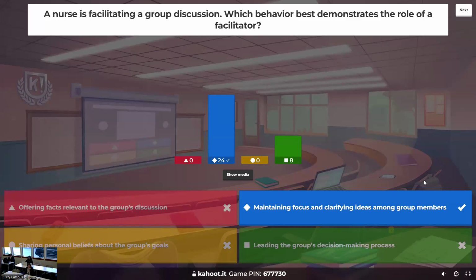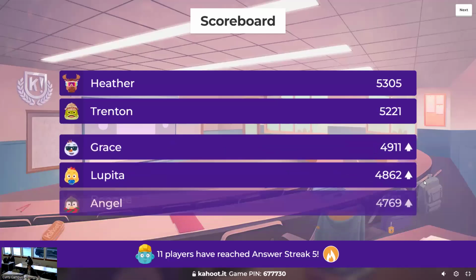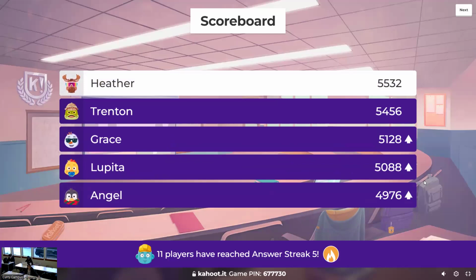Yeah, so the primary role of the facilitator is to maintain focus and clarifying ideas among group members. Let's see where we're at now. Heather's still ahead. And Angel is on the board.